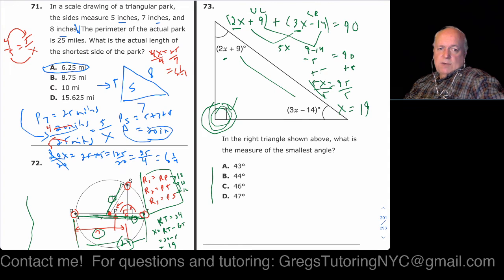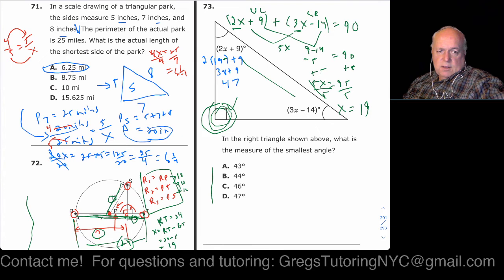So if we have 2 times 19 plus 9, right? 2 times 19, that's 38, plus 9. So if I did that right, this should become 47.